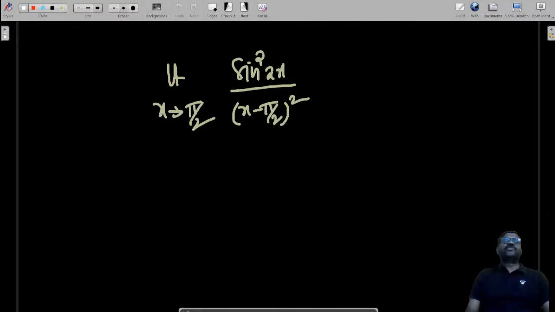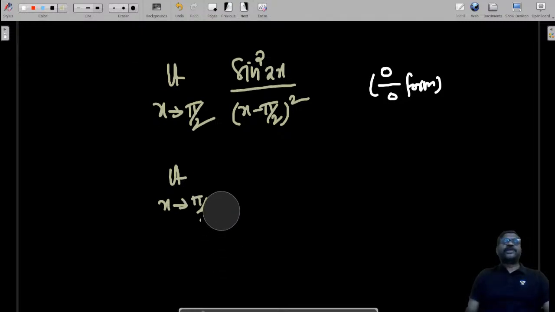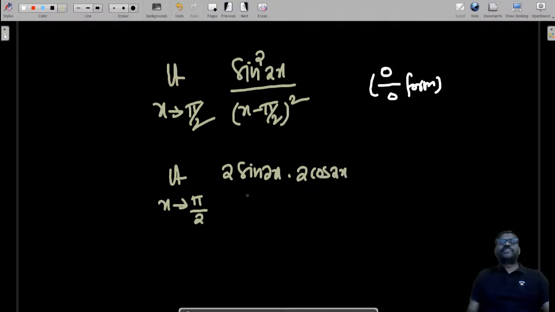When x is tending to pi by 2, numerator is tending to 0, denominator is also tending to 0. 0 by 0 form. Limit x tends to pi by 2. Differentiation of numerator is 2 sin x cos x, that is sin 2x, and differentiation of the denominator is 2 into (x minus pi by 2).